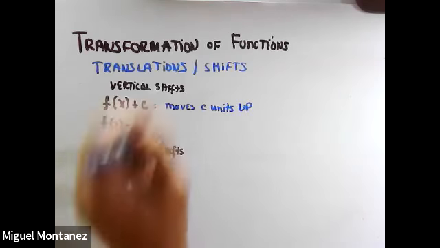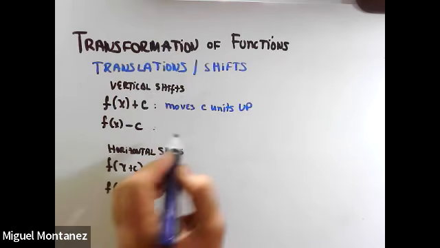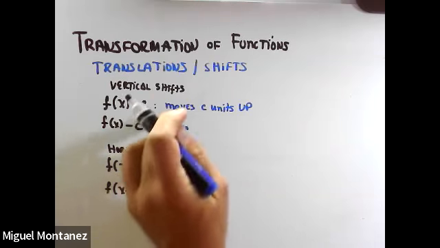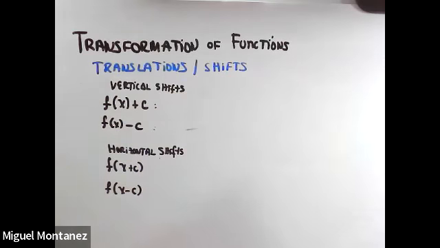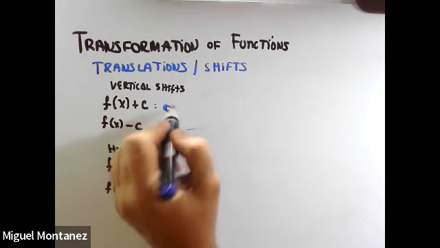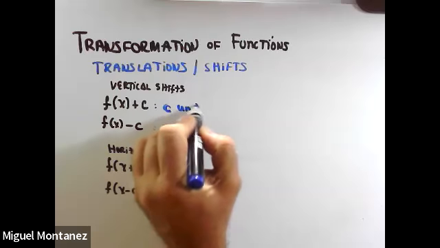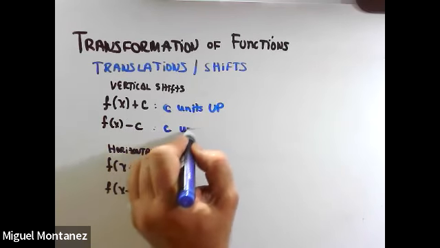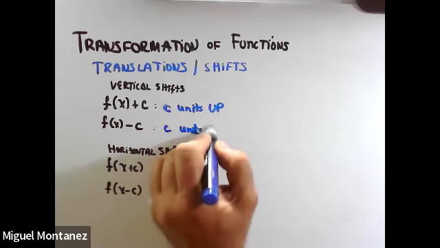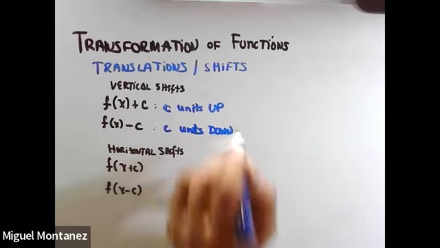In this case, of course, we push the graph down. So this guy is c units up. This guy, of course, will be c units down.